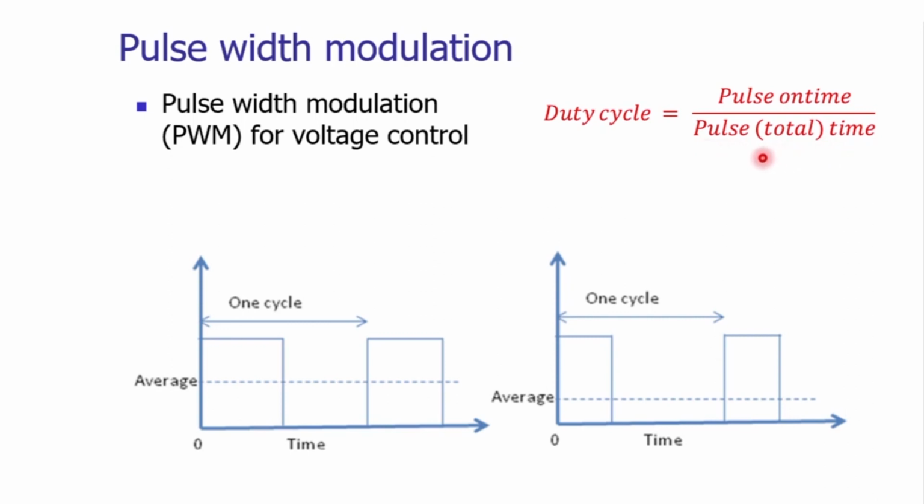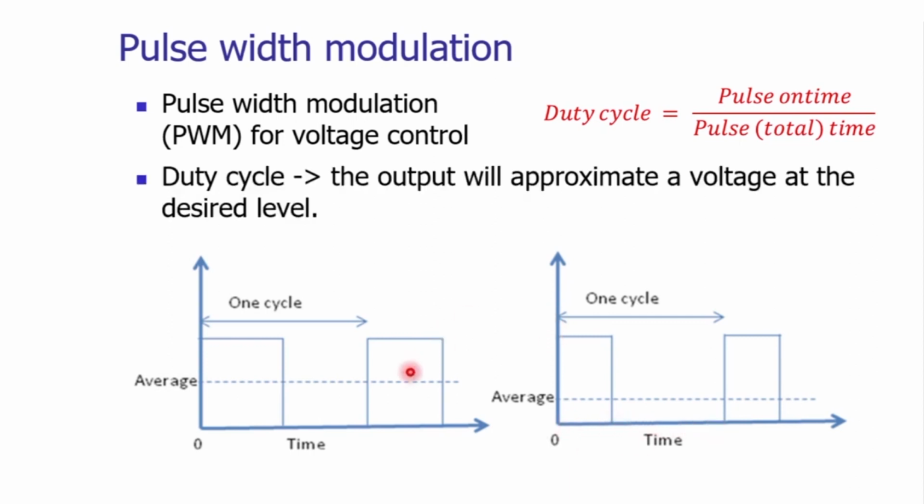The pulse time is the addition of pulse on time plus pulse off time. So in this way, by controlling the duty cycle, we can easily control the application of voltage inside the automated systems. So you just define the on time and the off time, and you can easily have the required application of voltage for the desired purpose.